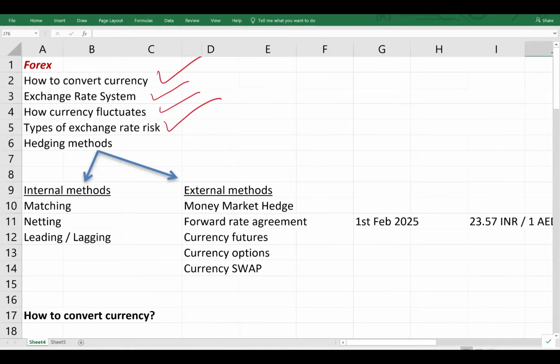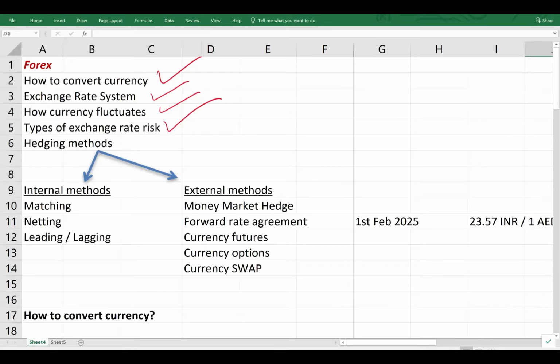Demand and supply is the reason, but behind demand and supply we have many factors. Let me rephrase my words. Demand and supply are the reason behind the fluctuating exchange rate.